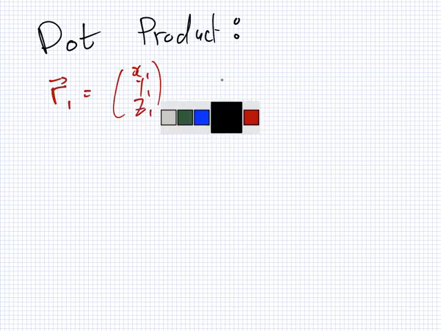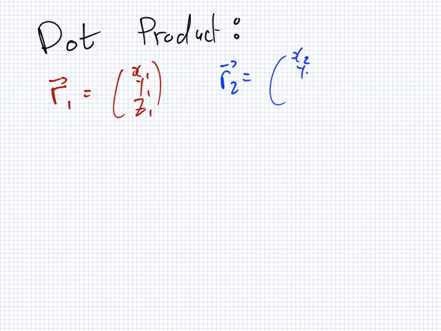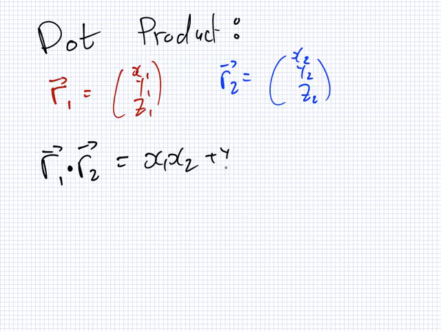So if I have a vector, let's call it R1 is equal to x1, y1, z1, and then R2 is equal to x2, y2, z2, then R1 dot R2, the multiplication, we define it like this: x1 x2 plus y1 y2 plus z1 z2.